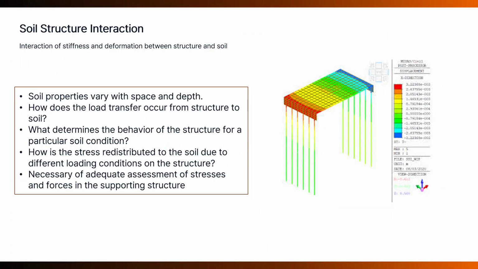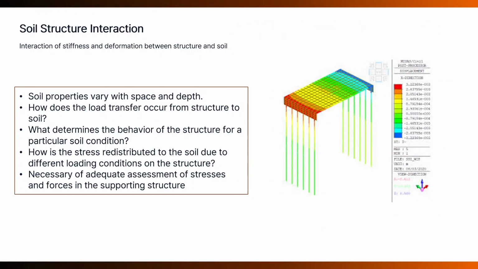Then comes the question, how does the load transfer occur from structure to the soil? We know that, in the case of a bridge, the load transfers from the superstructure to the pier cap to the piles, and from the piles to the soil. So we consider the interface between the structure and the soil.